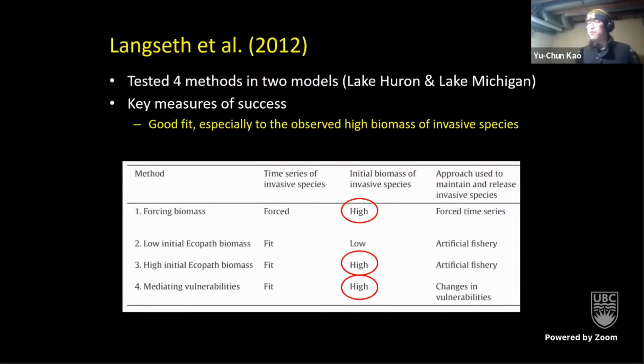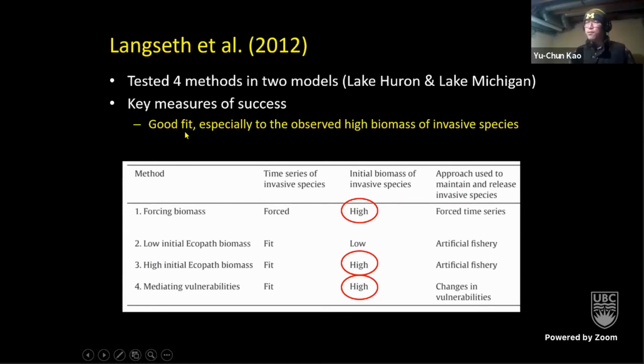So here are the 4 methods. And the goal of this paper was to test these 4 methods in 2 models, and they include one Lake Huron model and one Lake Huron model.